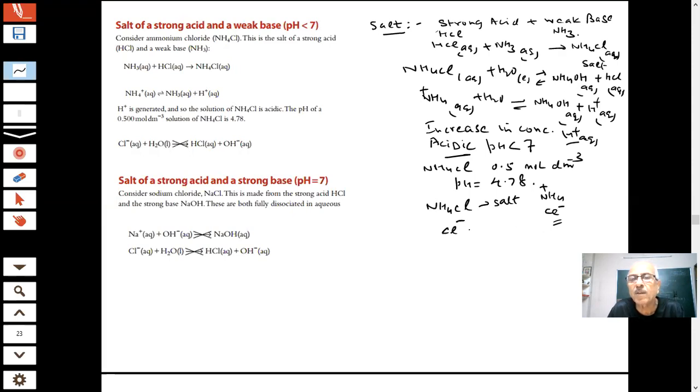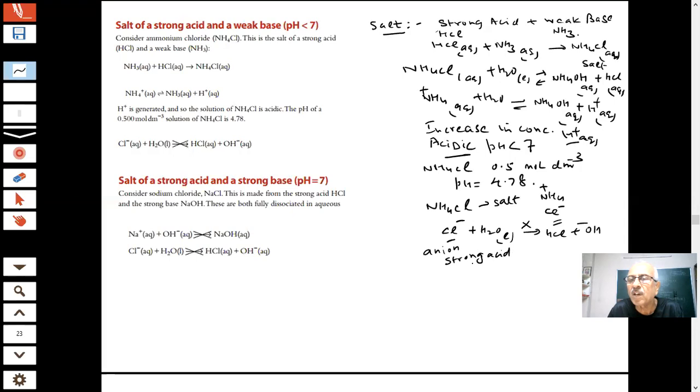Therefore, Cl minus plus H2O is not hydrolyzed. Why? Because if you got HCl plus OH minus, HCl is completely ionized and would react with OH and you would get back the same thing. Nothing happens. This is an ion of a strong acid.